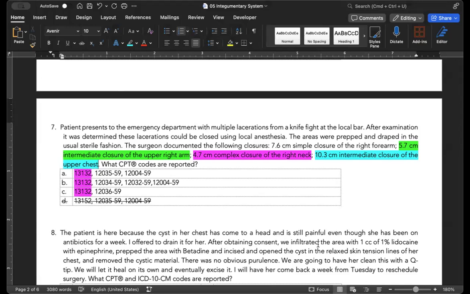So should we list the upper right arm first, or should we list the upper chest first? Yeah, chest. Yep, because it's the larger one. It's the 10.3. Okay. So let's go look at the 12034, 12035, 12036 and determine which one it should be.